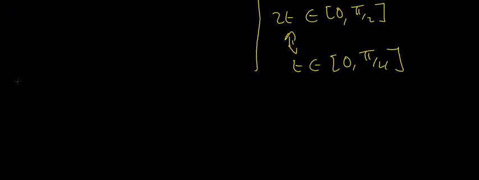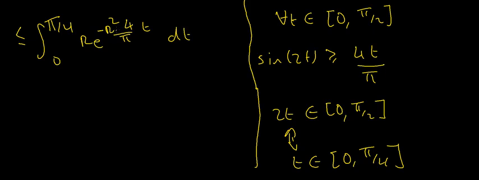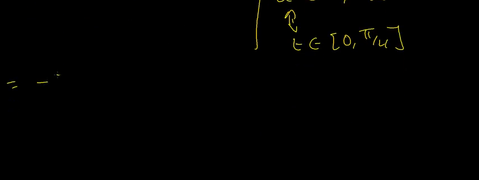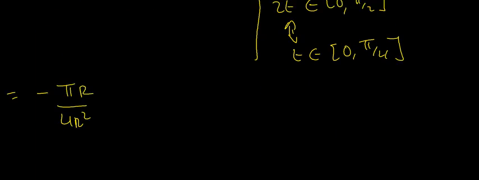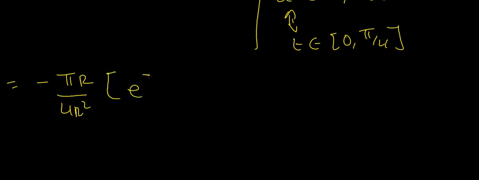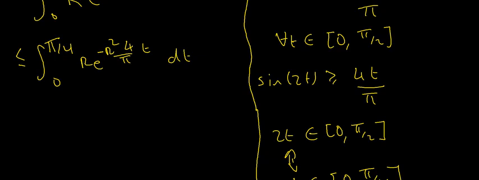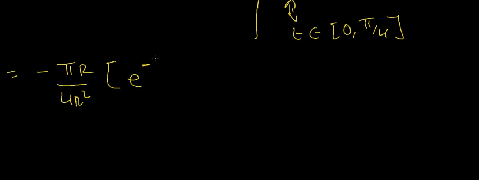Well, I'm going to have 1 over this constant here, and that's going to be minus pi over 4r squared, times the factor of r from the integrand, and I'm going to evaluate e to the minus r squared 4 over pi times t, where t varies from t equals 0 to t equals pi over 4.